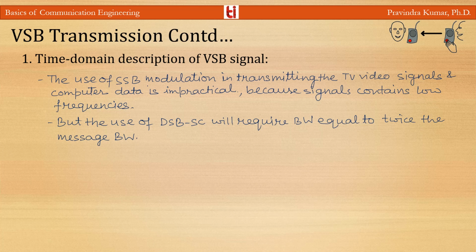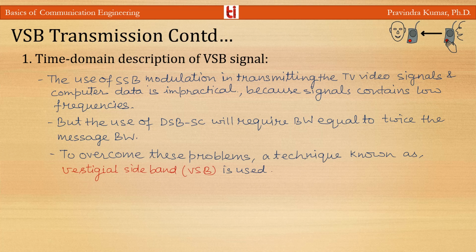The spectrum characteristic of wideband data benefits the use of DSB-SC, but it requires bandwidth equal to twice the message bandwidth, which violates the bandwidth conservation requirement. Also, in SSB, theoretically we use a band pass filter to get one sideband, but practically it is not possible with a practical band pass filter, and due to this some information gets lost.